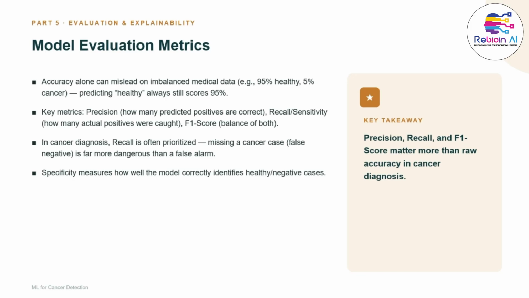If they let a genuine threat through, a false negative, that is catastrophic, and if they extra screen an innocent traveler, that is a false positive, that's just an inconvenience. Cancer screening has that exact same asymmetry, which is why recall matters so much.